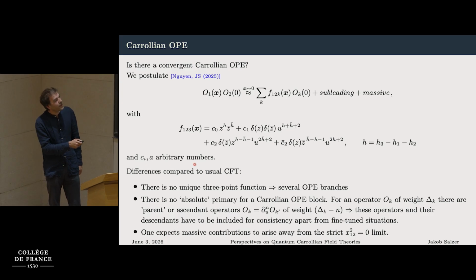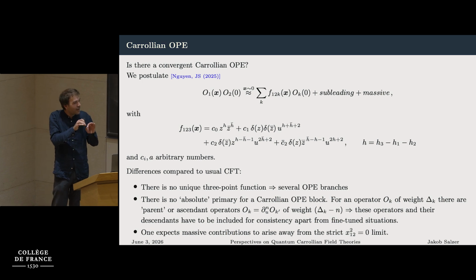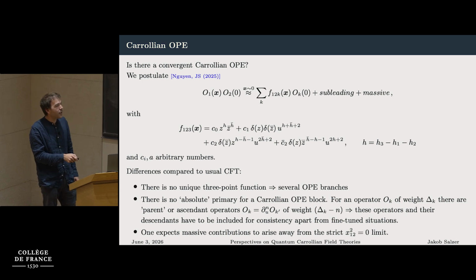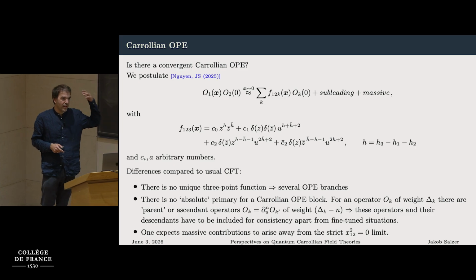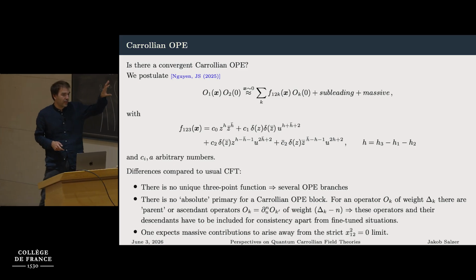But if you act on it on the right, all of these representations are strictly massless, so you will produce a 0 on the right-hand side. Which means that if you go just infinitesimally away from the strict x squared equals 0 limit, then you need operators that have a non-zero Casimir, which means that you need massive operators. And these are the new operators that I said at the very beginning that we are apparently missing.